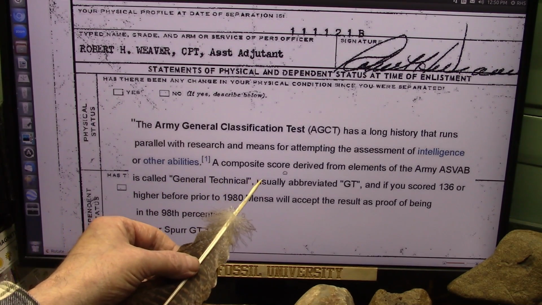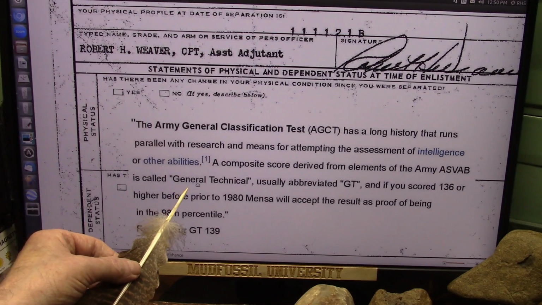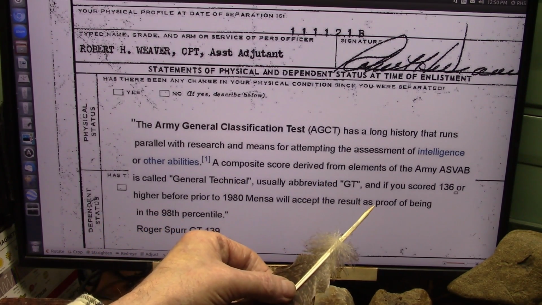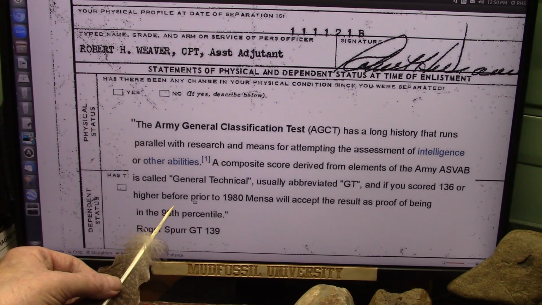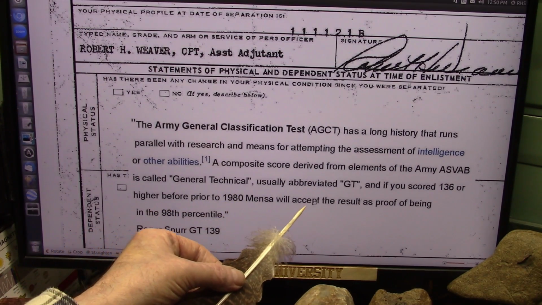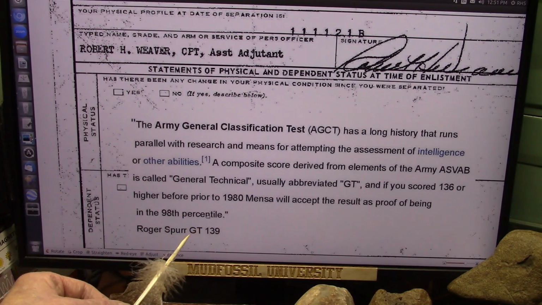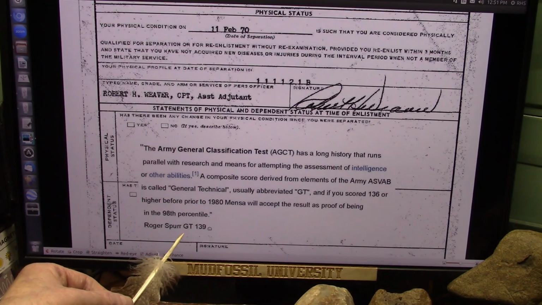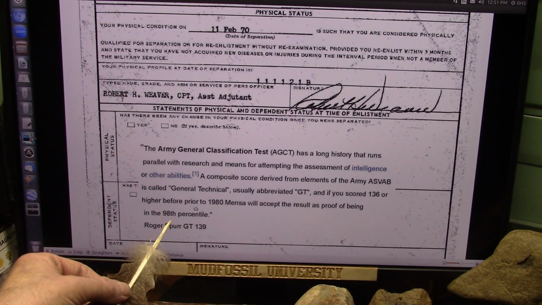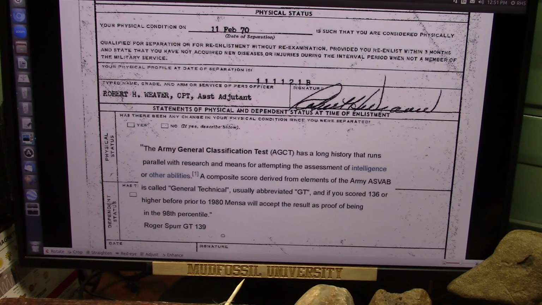A composite score derived from elements of this Army test is called the General Technical, abbreviated GT. And if you scored 136 or higher before 1980, Mensa will accept the results as proof of being in the 98th percentile. I had a 139. So all you had to have was a 136 and you're in the 98th percentile. So 139 puts me over 100%.